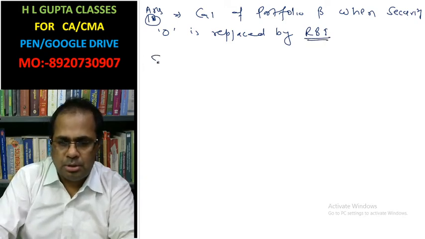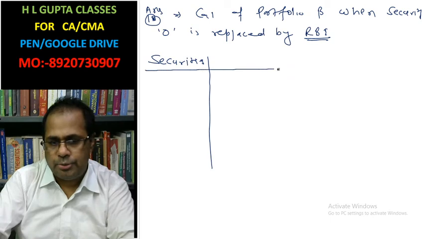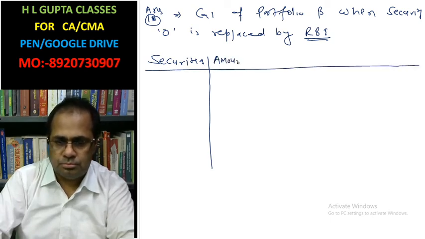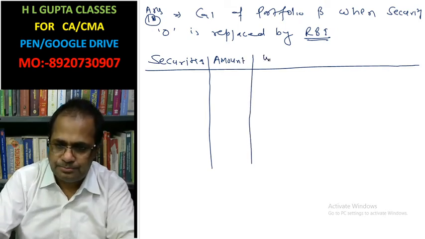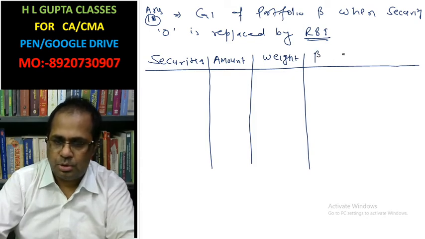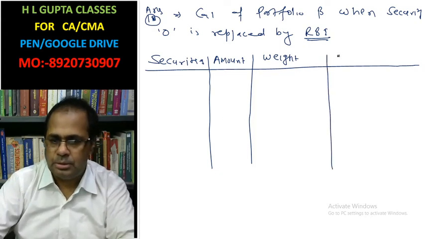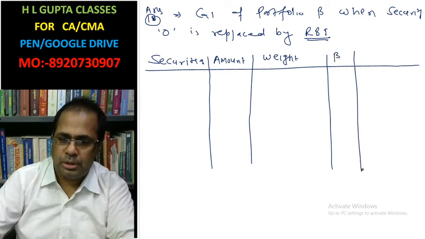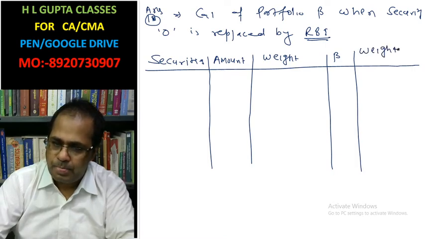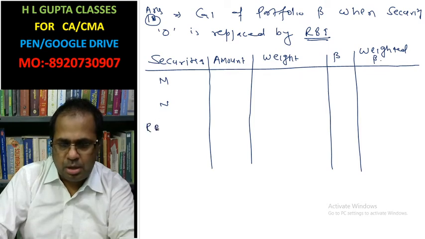Write the securities, amount, weight, beta and weighted beta: M, N, RBI bond, thereafter security P.